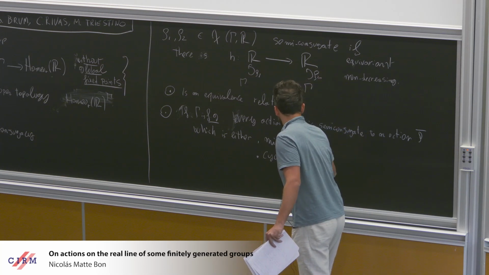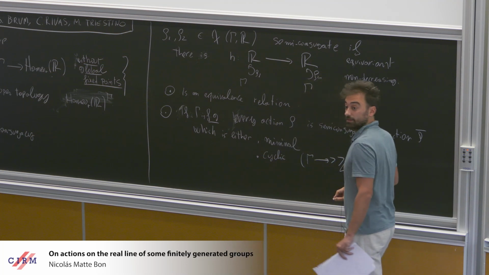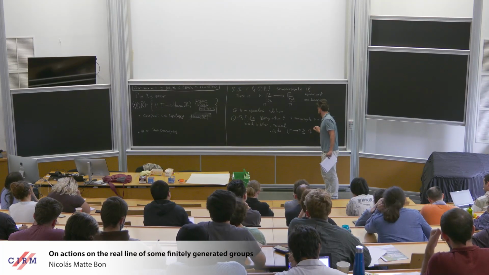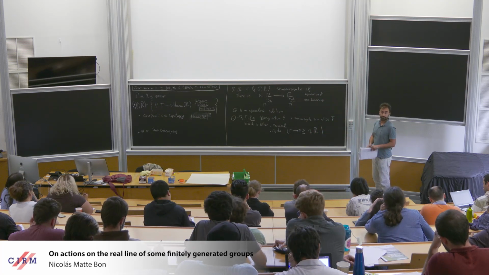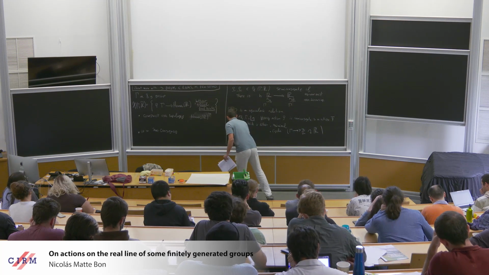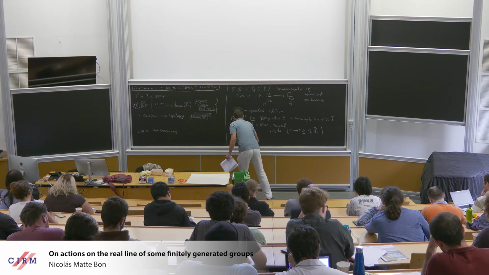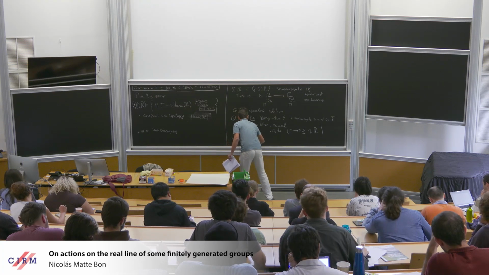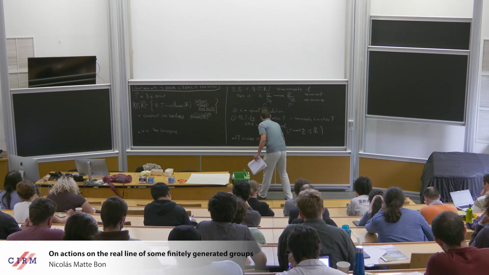This means just an action that comes from an epimorphism of gamma onto Z, and then Z is acting on R by integer translations. And moreover, rho bar is unique up to conjugacy, actual topological conjugacy.